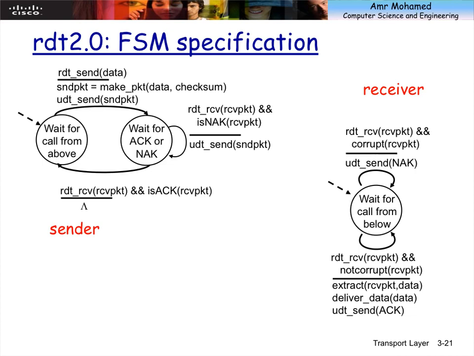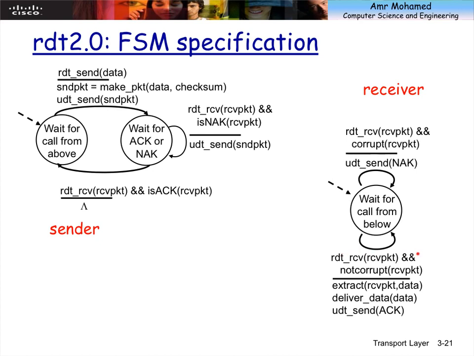But how does the second loop work? Here you have two possibilities. Either the packet that arrives is in error, or the packet that arrives is error-free. If there is error, it will be the first loop. If there is no error, it needs to send a positive acknowledgement. So is there another finite state?